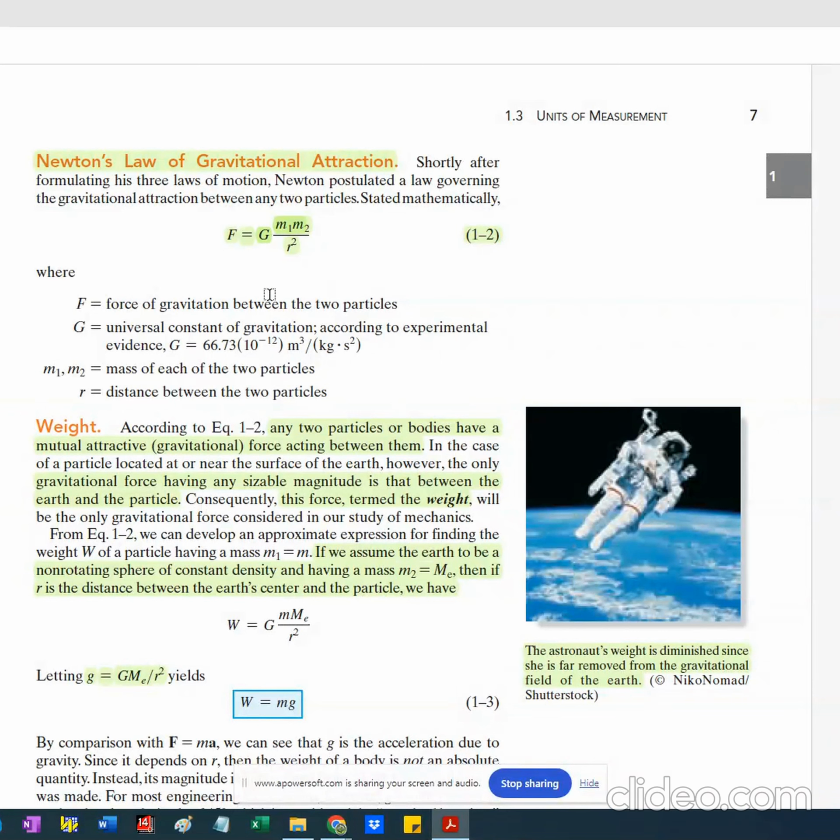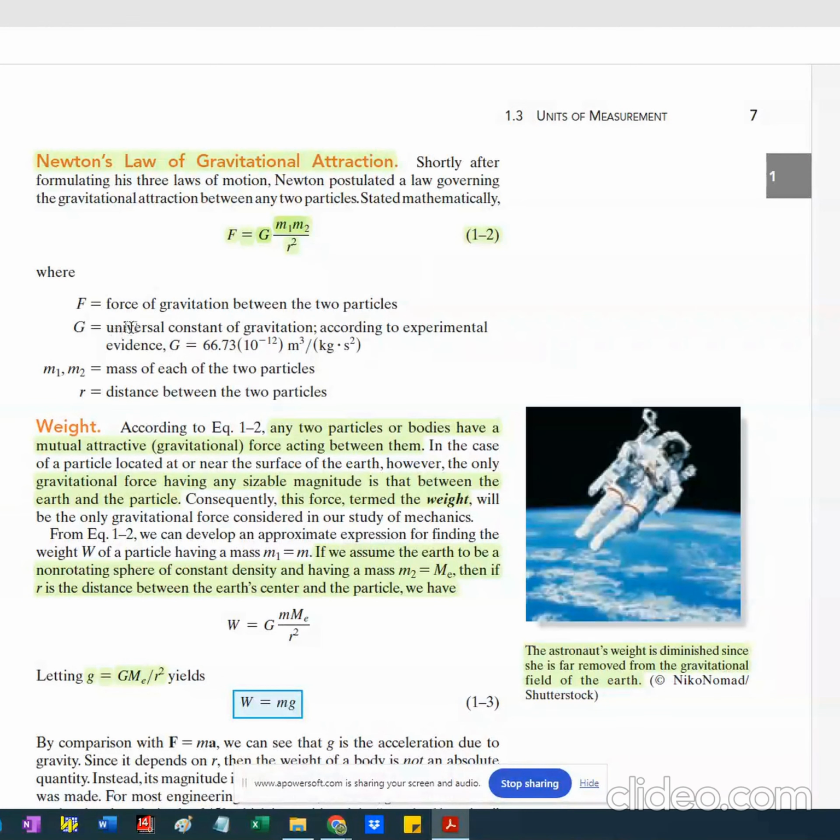So the law of gravitational attraction, Newton's law of gravitation, is stated as shown here, equation 1.2. So the force between that apple and the earth, or between the earth and the apple, the earth is also pulled towards the apple, but of course the mass difference is, as we know, substantial. So it can be evaluated with this formula.